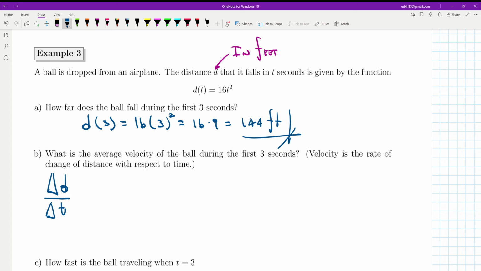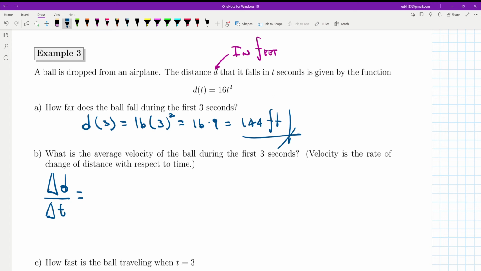The two quantities we're comparing are distance over time. That's how we find the velocity of any particle, distance over time. And in this case, we get it by finding the average rate of change.